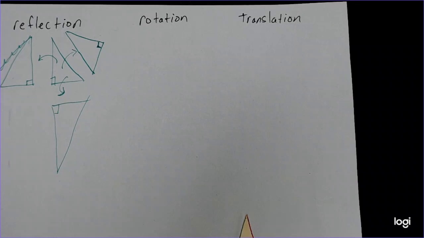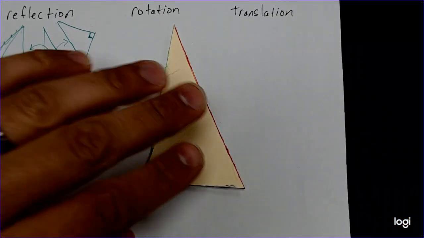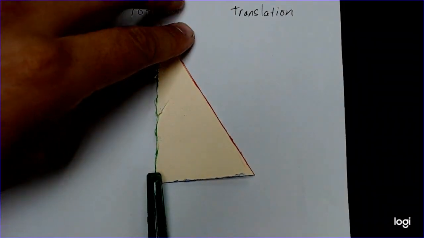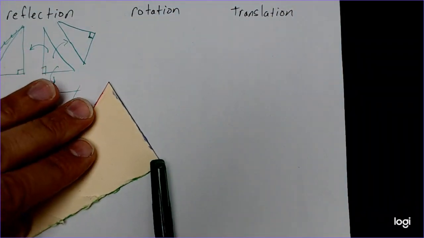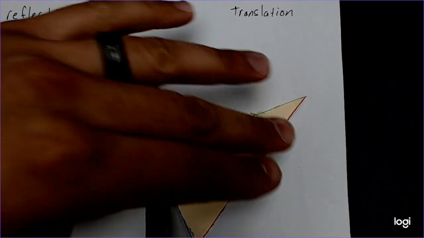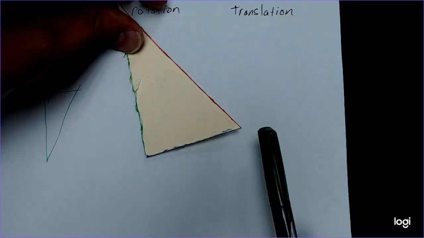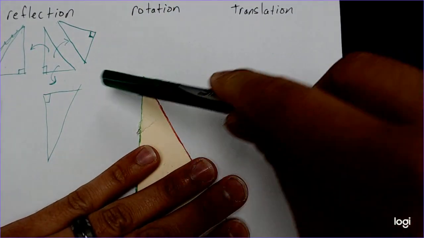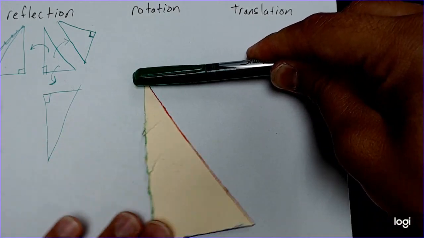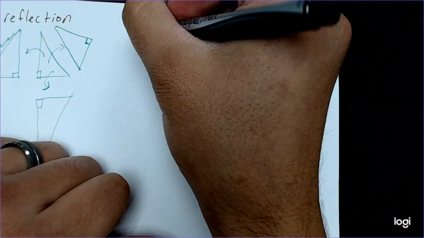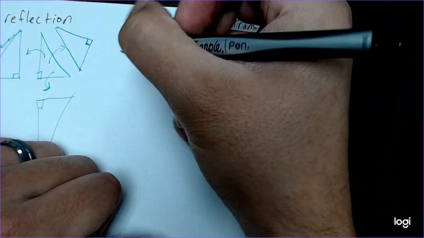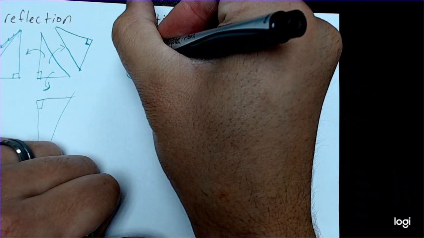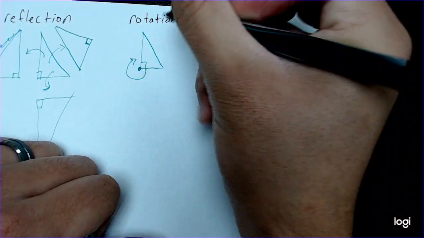Now let's talk about rotation. The way rotation works is you hold one vertex, one corner, down, and then we can rotate the shape while keeping that one corner in the same spot. So this is rotation, and I can pick any corner. I can pick this one, and that shows rotation, or I can pick the top one, pin that top corner down, and rotate like that. So that point is stationary.